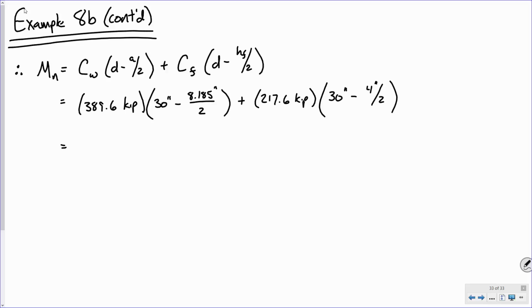It's 16186.4. That's just taking those numbers, plugging them straight into a calculator. What are the units? Inch-kips.